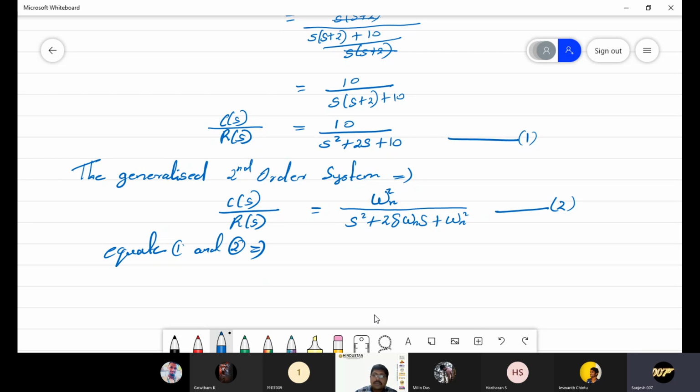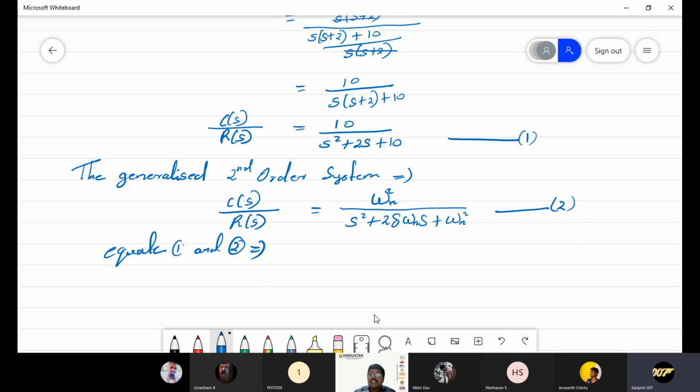Sir, how did this generalized second order system appear? Did they give this in the question? No, they never give. It was given like this is the second order system. That means from the problem itself, we came to know that it will be a second order system. So if it is a second order system, you need to equate with the second order equations.